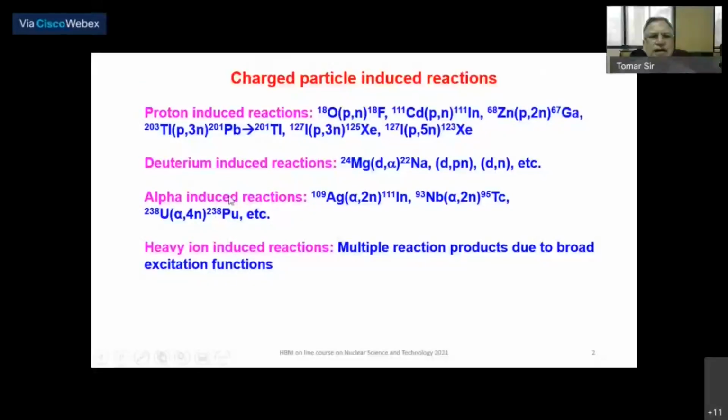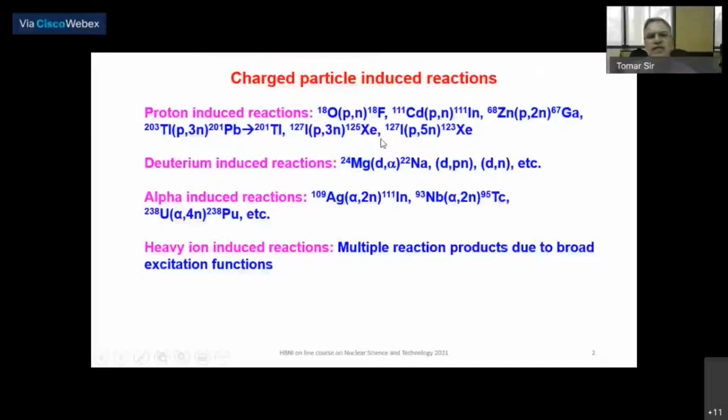So mainly these three light charged particles are used as projectiles for production of radioisotopes in accelerators. For example, you have fluorine 18, which is produced by the oxygen 18 (p,n) reaction, indium 111 by the cadmium 111 (p,n) reaction, gallium 67 by the zinc 68 (p,2n) reaction, thallium 201 by thallium 203 (p,3n), giving lead 201 followed by beta decay, and xenon 125 and xenon 123 by (p,xn) reactions on iodine 127.